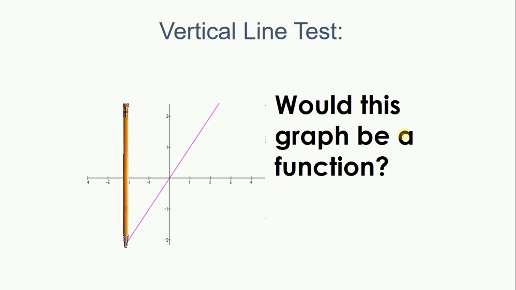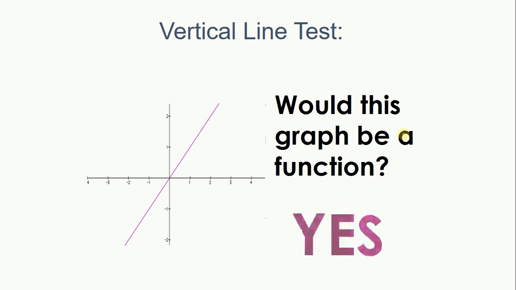Let's draw my pencil across. I hit once there. And I only hit once there. Is this graph a function? Indeed, I only hit once on the graph. This is a linear function because it looks like a line. Remember, you guys remember linear functions a little bit?